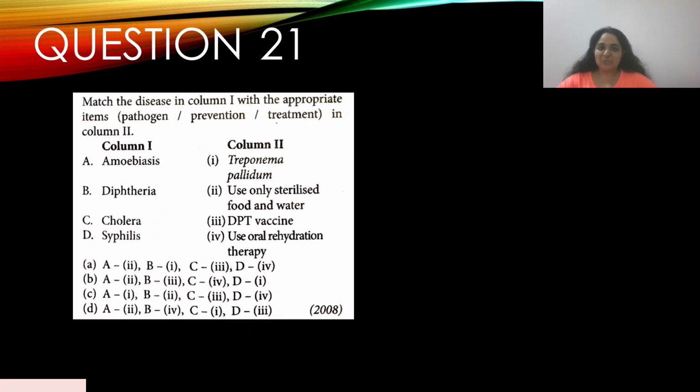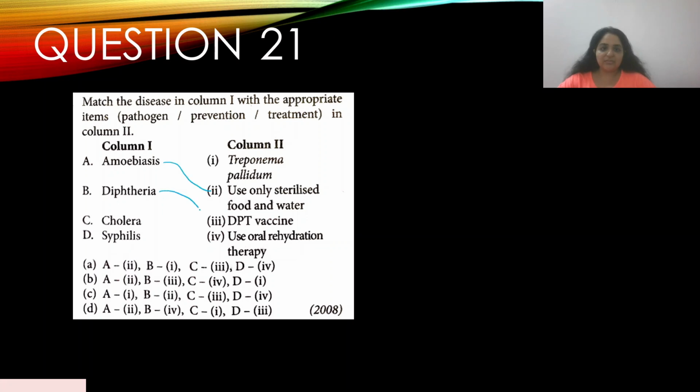Okay, so question number 21. Match the disease in column 1 with the appropriate items, its pathogen or prevention or treatment, in column 2. Amoebiasis, Treponema pallidum, use only sterilized food and water, DPT vaccine, use oral rehydration therapy. Amoebiasis: use only sterilized food and water.